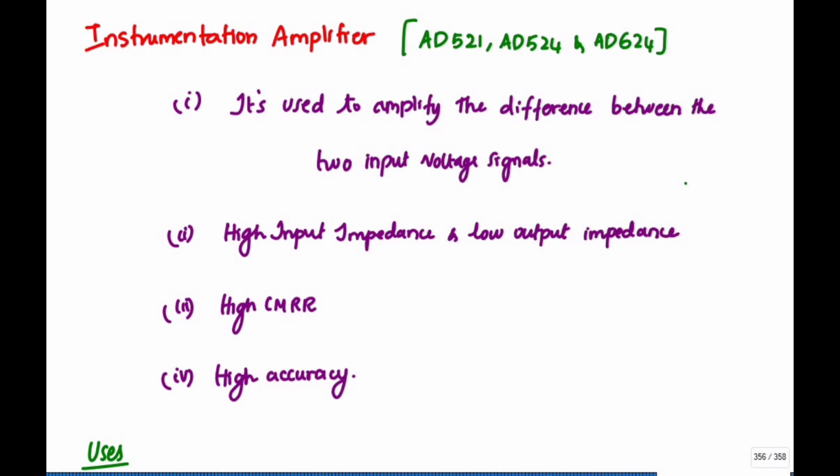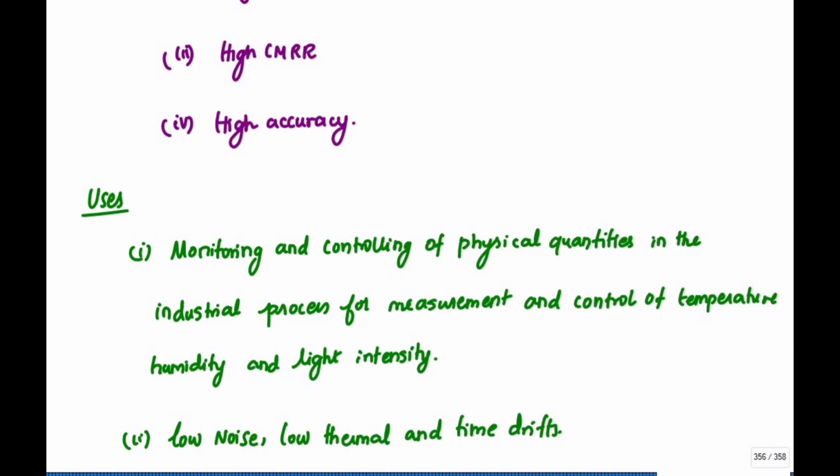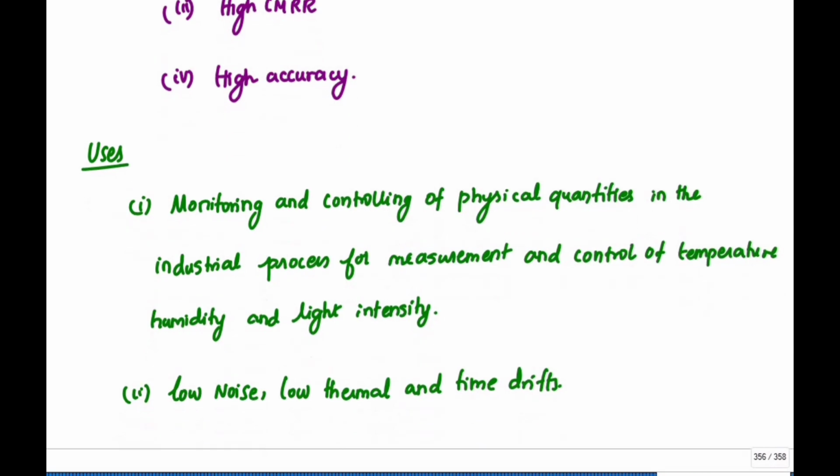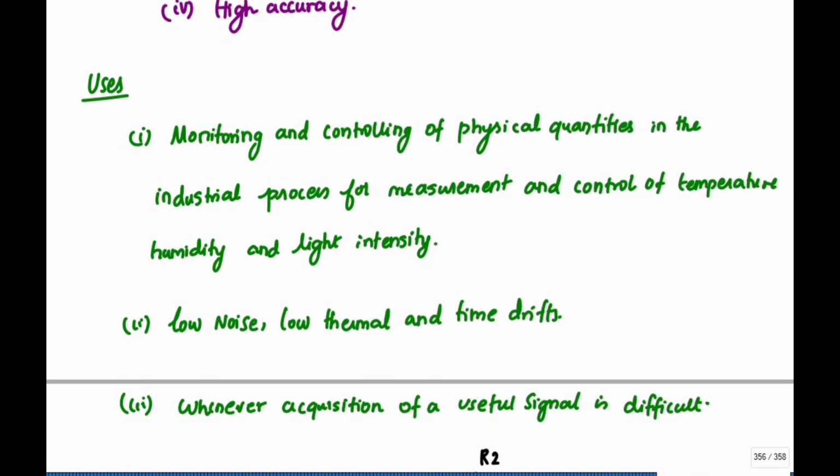The uses of the instrumentation amplifier are to monitor and control physical quantities like ECG, EMG, and in industrial processes for measurement and control of temperature, humidity and light intensity, as it has low noise, low thermal and time drift. It is useful whenever the acquisition of a useful signal is difficult.